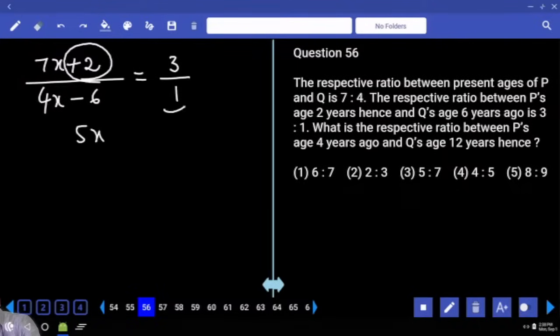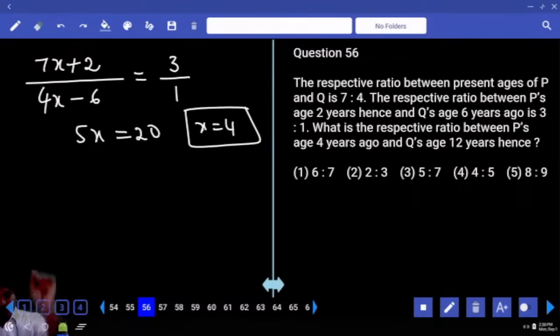Okay. 2 into 1 plus 2, minus 6 into 3, minus 18 goes to the other side, plus 18. 18 plus 2. Then x is equal to 4. Okay.